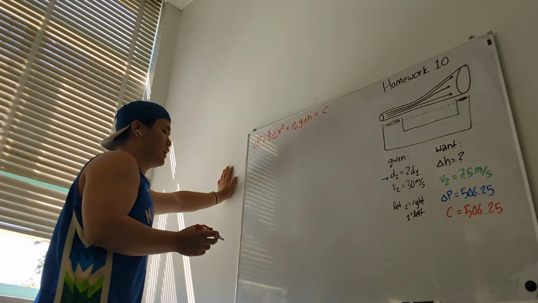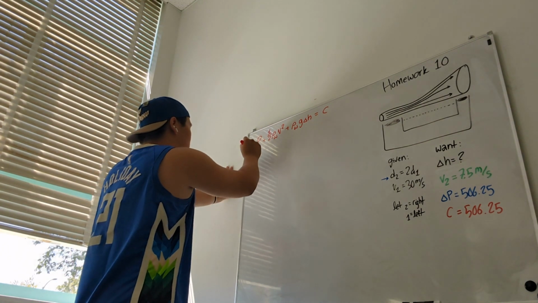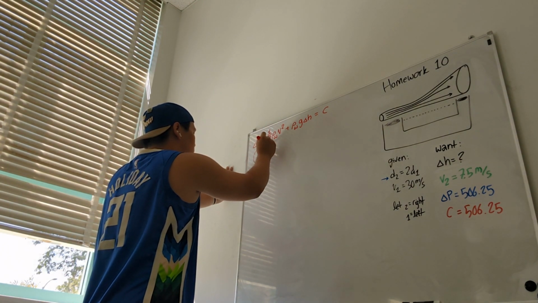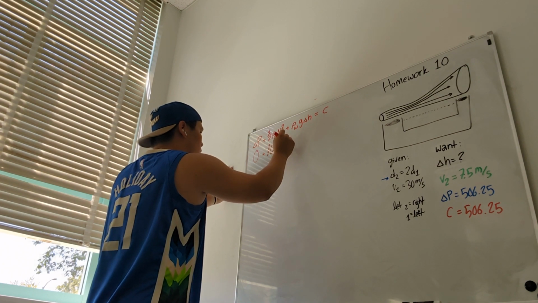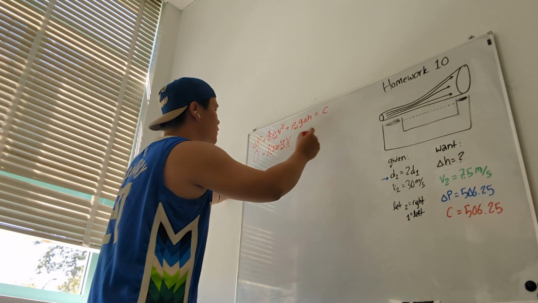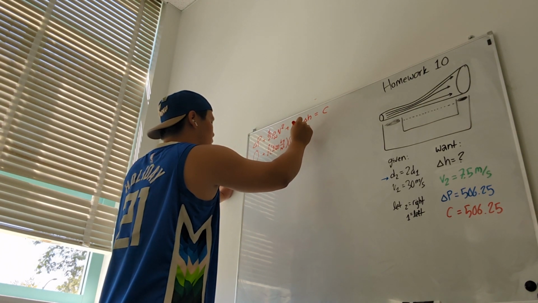Let's start filling in some blanks. We know that there is no change in pressure because the air's been turned off, so that's a big old 0. Plus 1/2 density of water is 1,000 kilograms per meter cubed. But the velocity, because it's not moving, is just 0 meters per second squared.